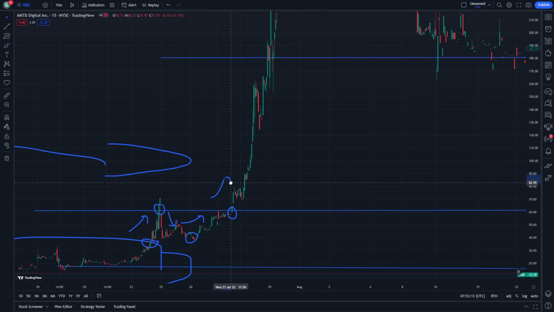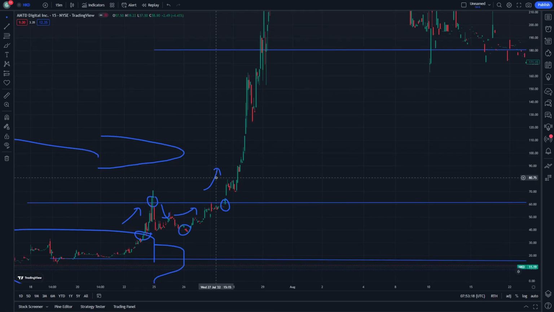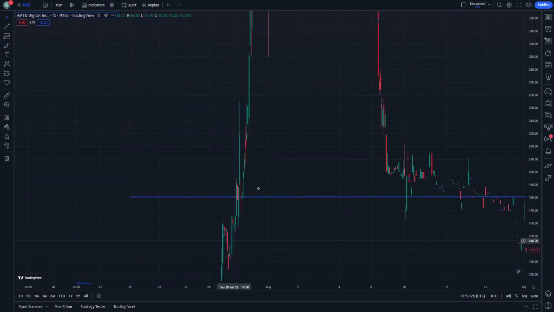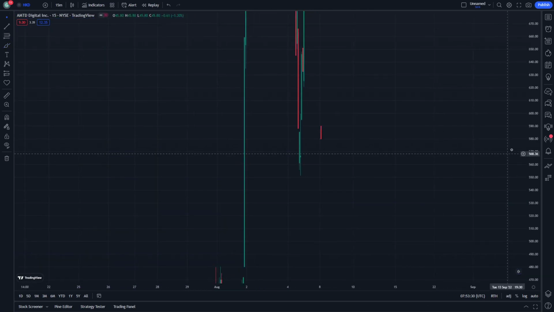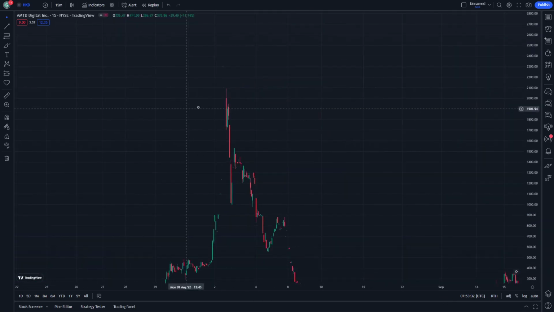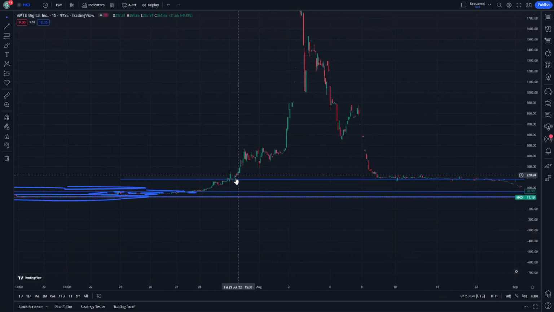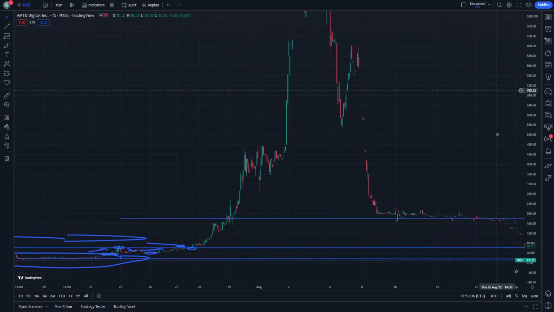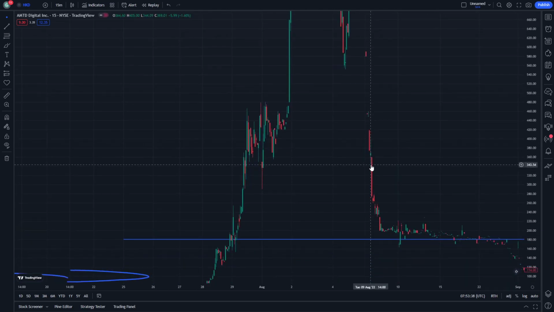We can have a spike from 60 USD, which was practically no value. If we compare this value of 2000 to 60 USD, it is a huge difference.